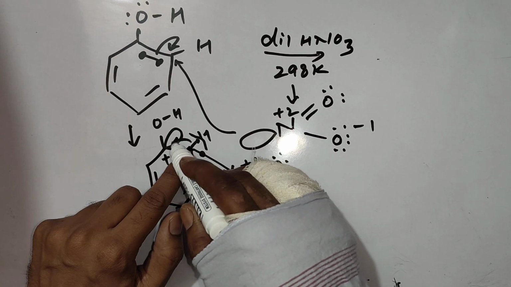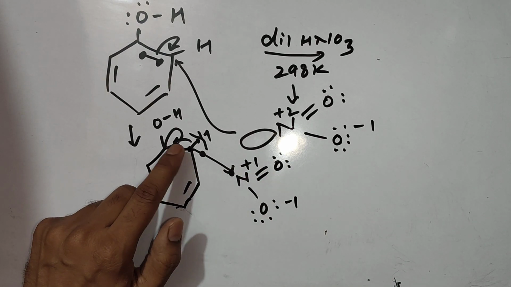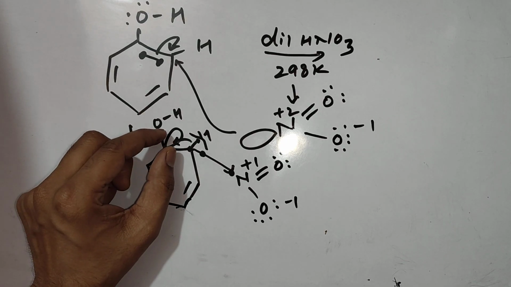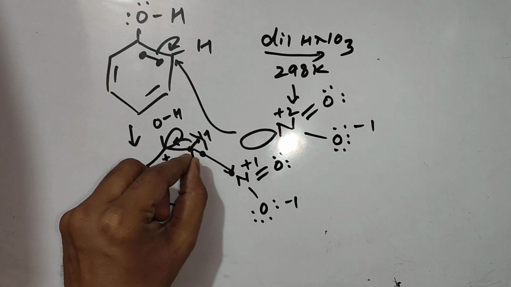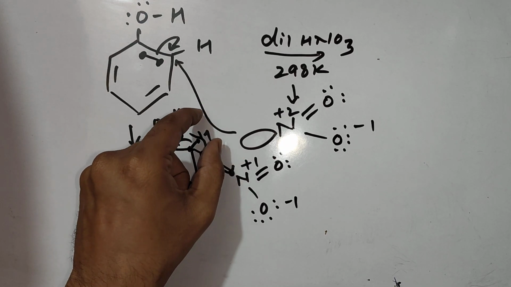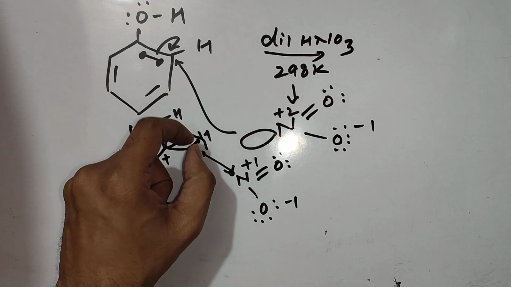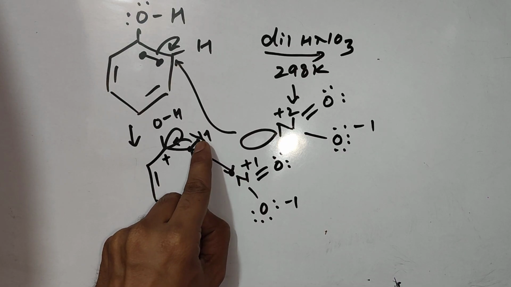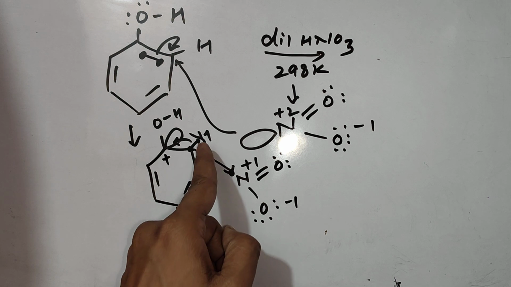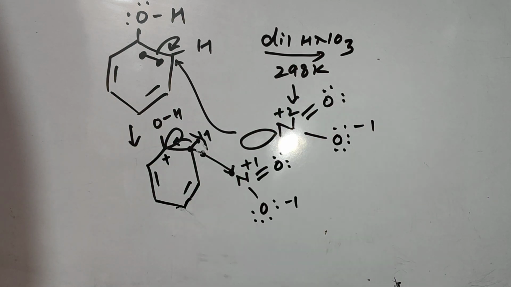It will use it to make a bond with this vacant orbital like this. Vacant orbital, and this pair of electrons will come here and a bond will generate between these two carbons. And hydrogen will release out as H positive because it has lost its electron. This electron was of this hydrogen, but this electron is going to that side for the bond formation. So this hydrogen will release out as H positive.